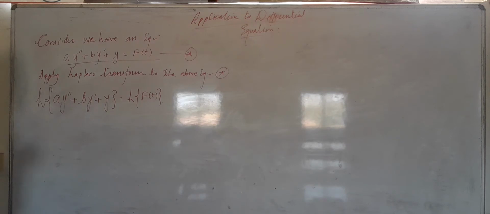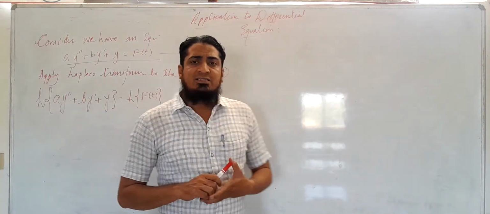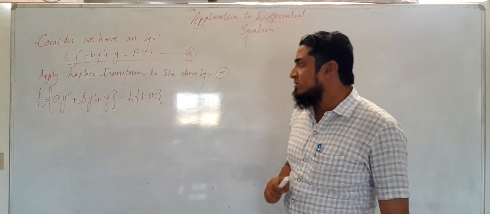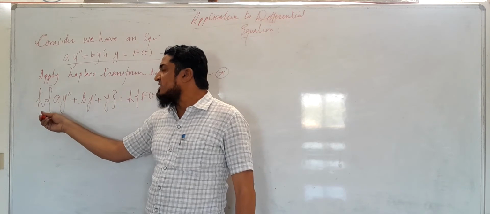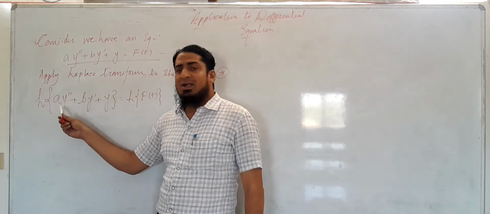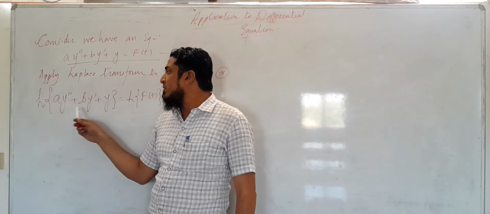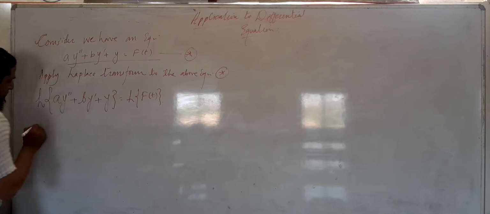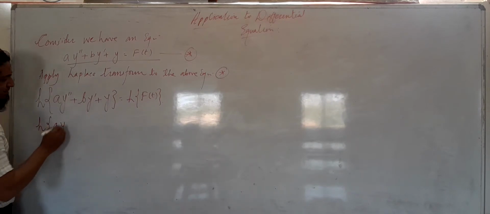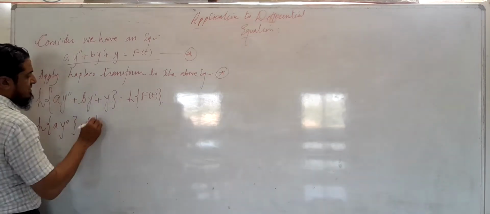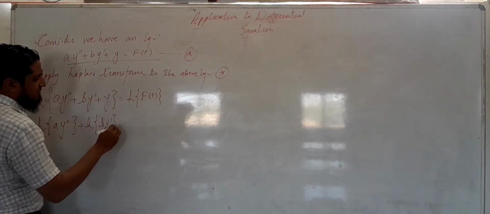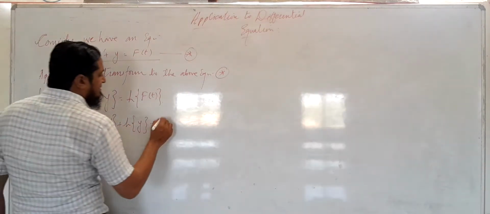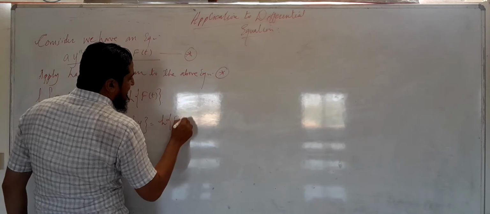Correct. Now, since we know that Laplace transform satisfies the linearity property over addition and subtraction, the operator Laplace transform can be distributed over each term: Laplace transform of a y double dash plus Laplace transform of b y dash plus Laplace transform of c y, and Laplace transform of f of t.